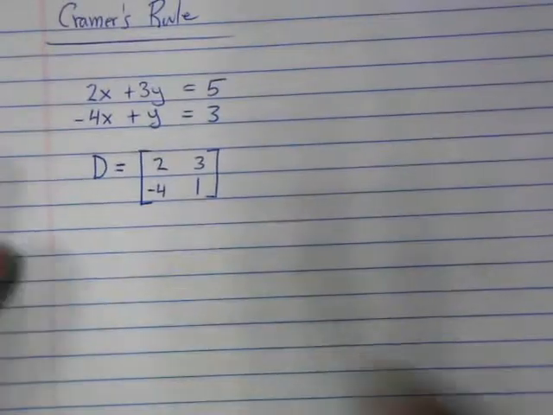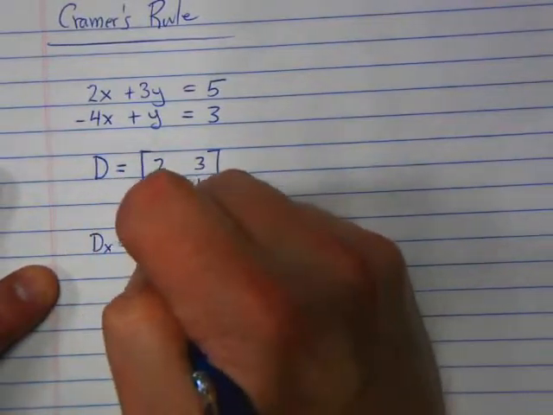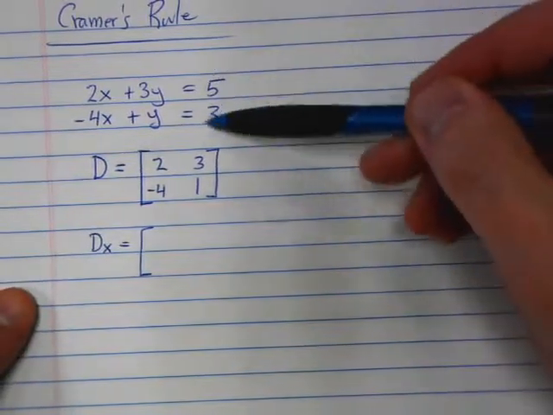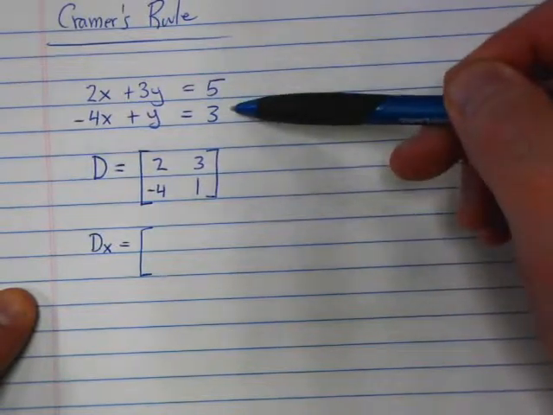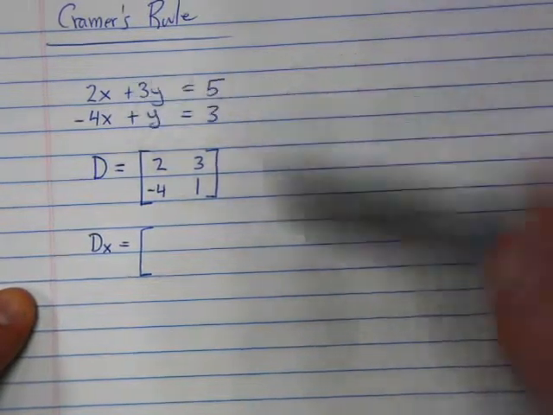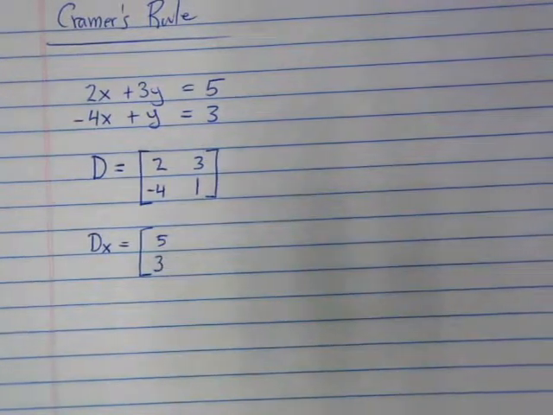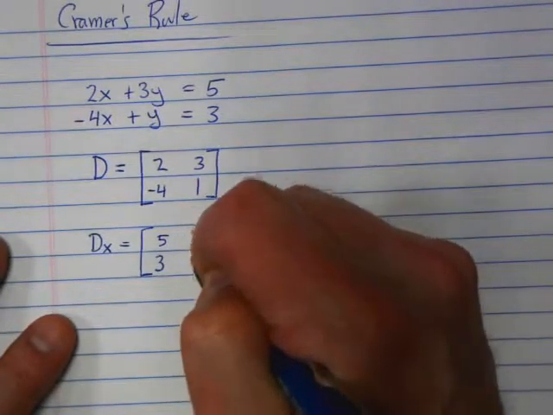The next matrix you set up is a matrix called D sub x. For D sub x, you're going to take these numbers over here, these answers, 5 and 3, and you're going to plug them into the x column. So that's the first column. So you're going to have a 5 and a 3 here. And then the rest of that matrix will be exactly like it is for matrix D, which means a 3 and a 1.